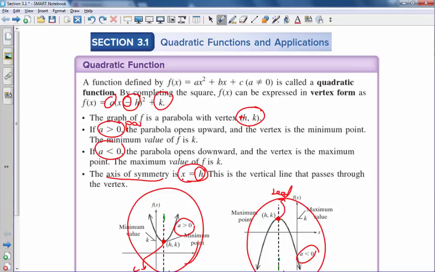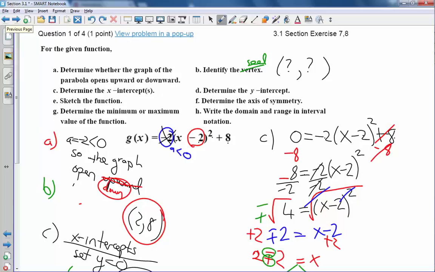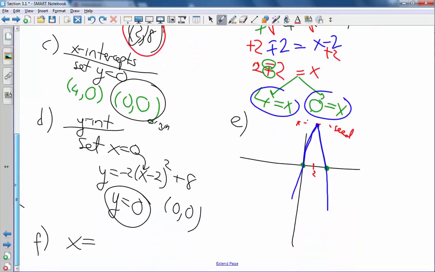See, axis of symmetry is x equals h. h is the number that's showing up next to x. In other words, h is the number in the x coordinate of the vertex. So I need to just take the number in the x coordinate of the vertex. There you go, 2. And you can even show that here. You can even actually see that. Here is that line going right at 2.